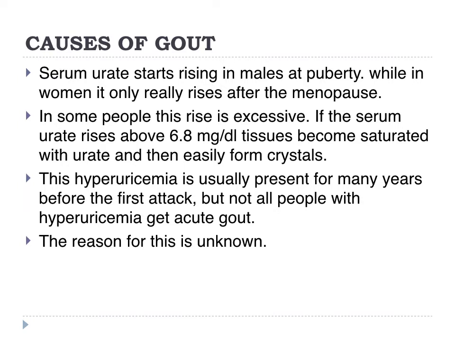Otherwise, everything is going to be normal. In other words, not everyone who takes a high intake of purines or dietary purines, eats a lot of meat for example, will get gout, and not everyone who eats a lot of meat will get hyperuricemia.